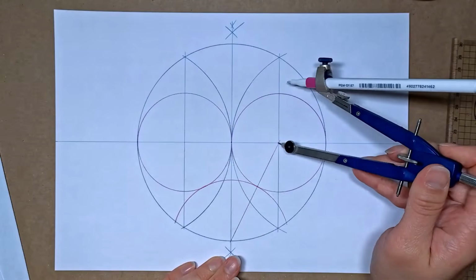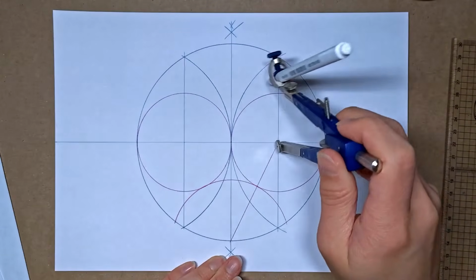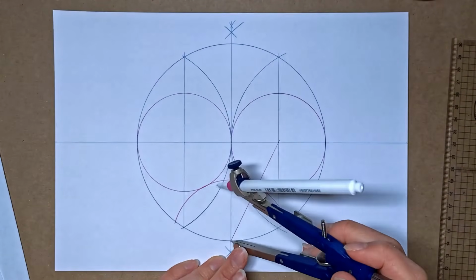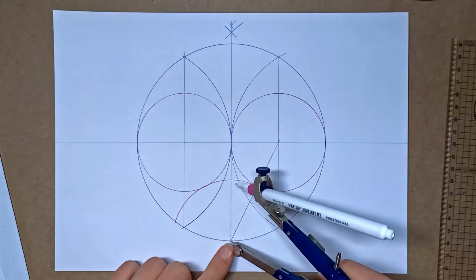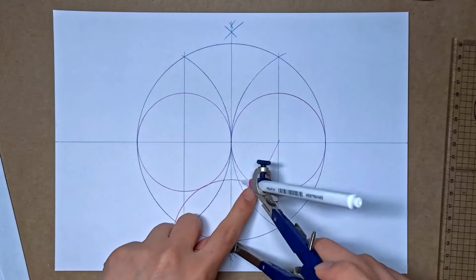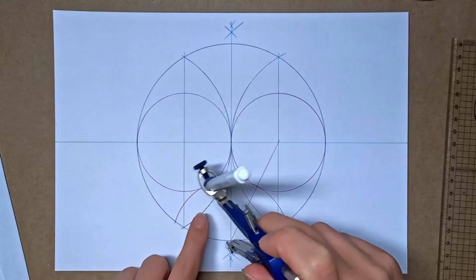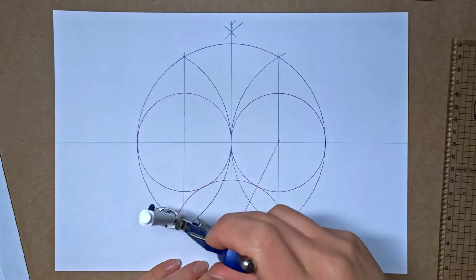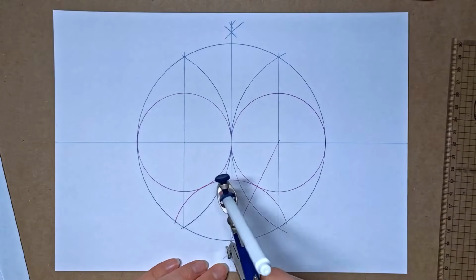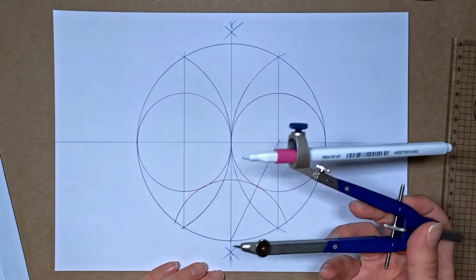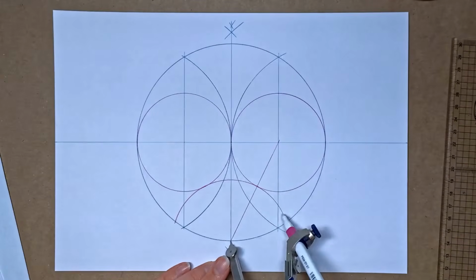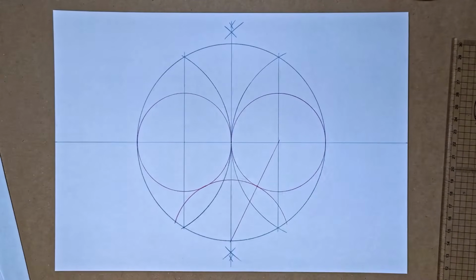So that's a different radius than the radius of one of the circles. It's bigger. It's the radius of a circle that has its center here and is tangent to the two tangent circles we had drawn previously. And this here on my compass is 1/10 of the circle.